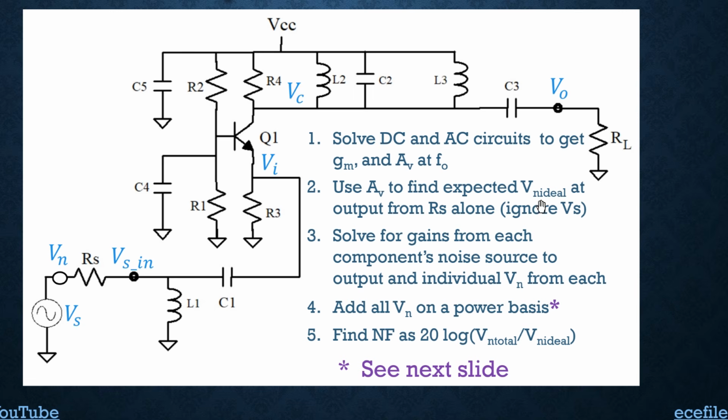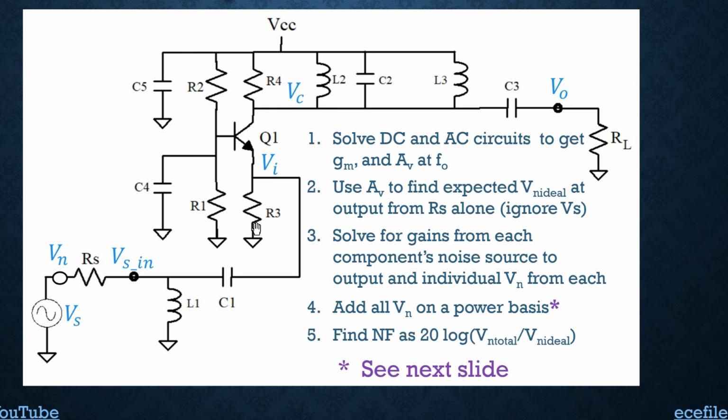And I'm going to call that V noise ideal. It's ideal in the sense that it would be the case if the circuit itself did not introduce any excess noise. But we know that each of these elements, with the possible exception of the reactive ones, introduce some noise that will show up at the output as well.